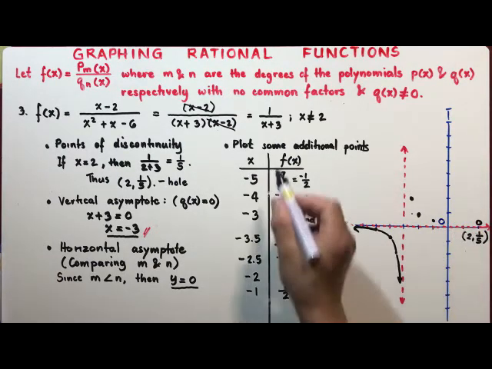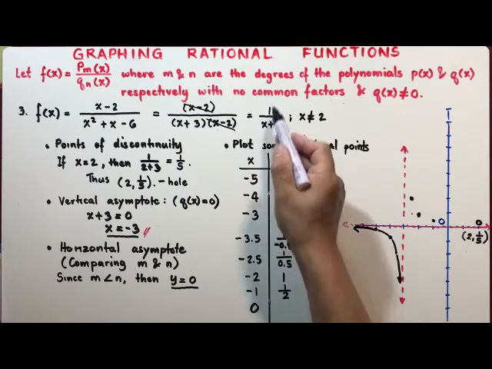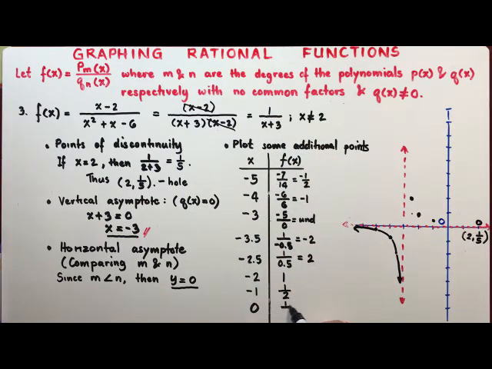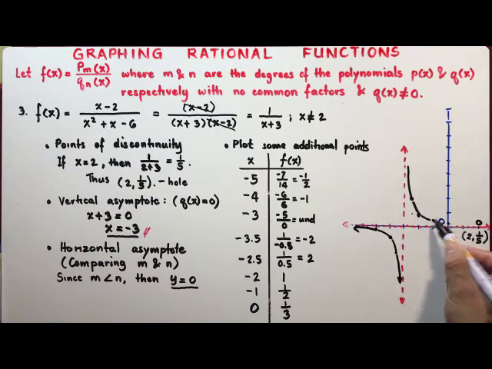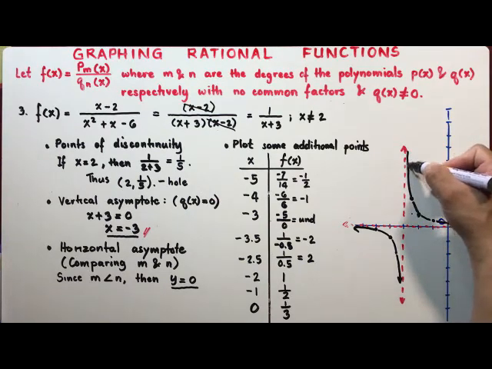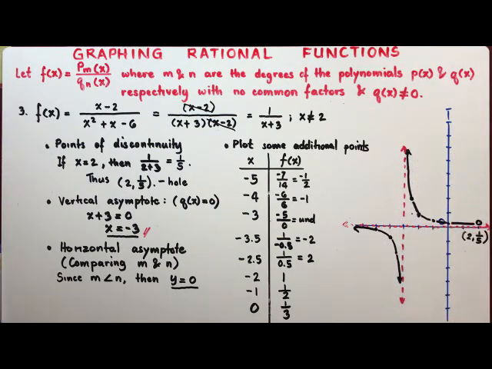And when your x is 0, so 1 over 0 plus 3, that is 1/3. So here it's 1/3. And if you connect these points, you notice that you form a smooth curve that is approaching this vertical line, x is equal to negative 3, but also it is approaching to the x-axis at x going to positive infinity, because our x-axis is our horizontal asymptote.